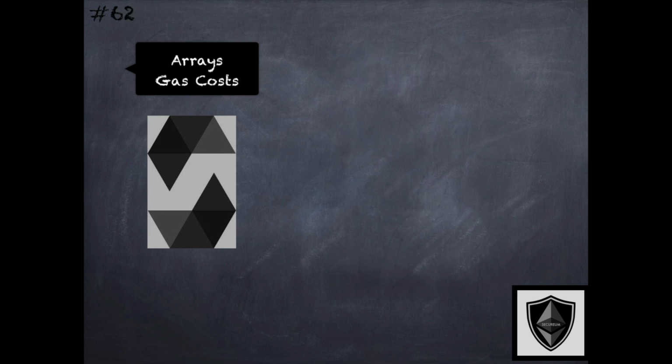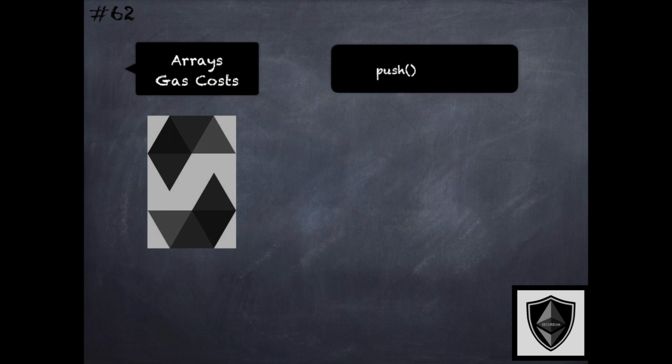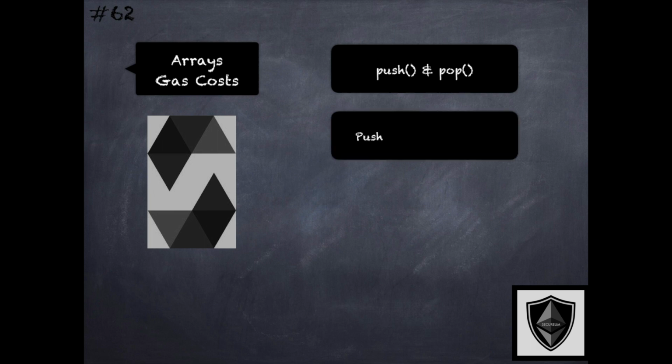Let's now talk about the gas costs of operations on storage arrays. Arrays, as we talked about, have push and pop operations. Increasing the length of a storage array by calling push has constant gas costs because storage is zero initialized, if you recall.